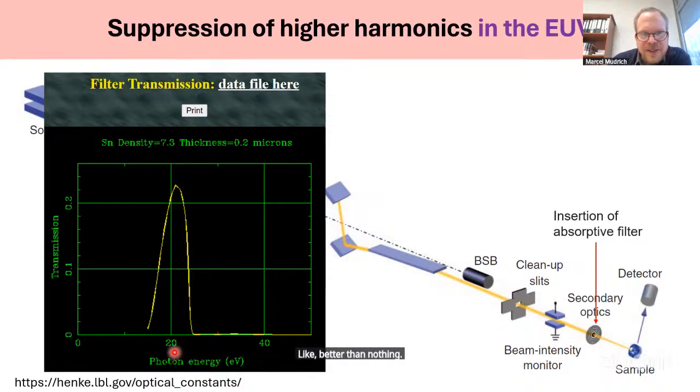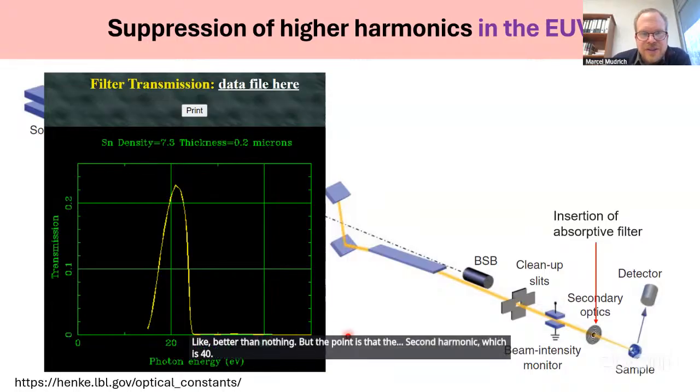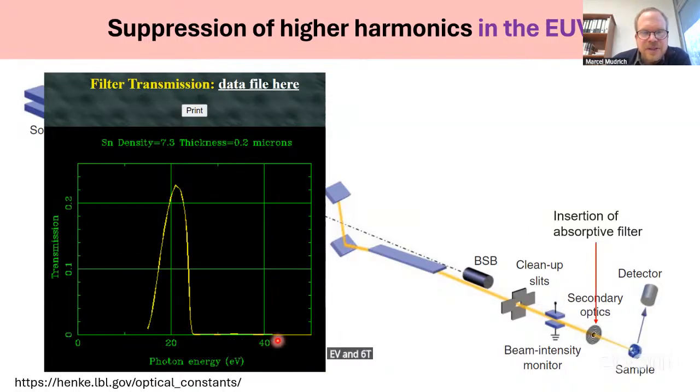But the point is that the second and third harmonics, which are 40 eV and 60 eV, are completely suppressed.